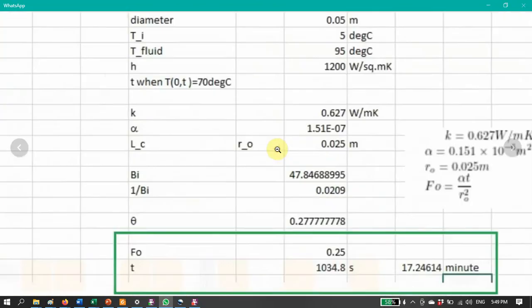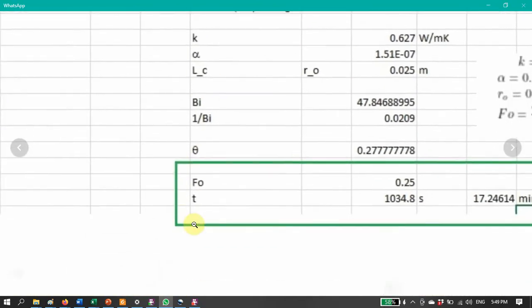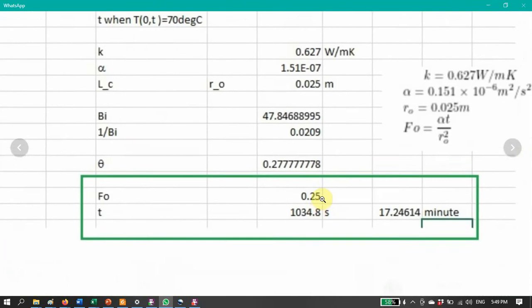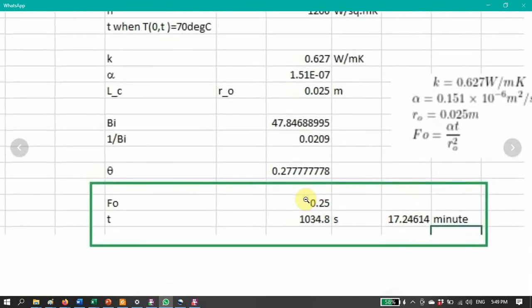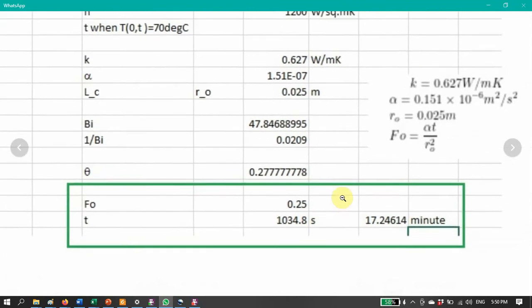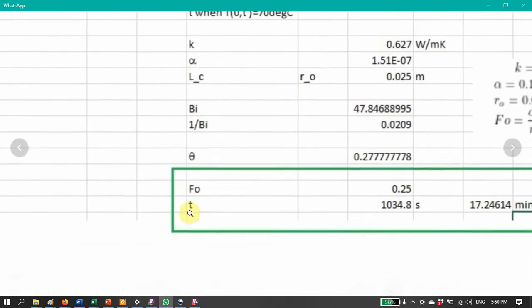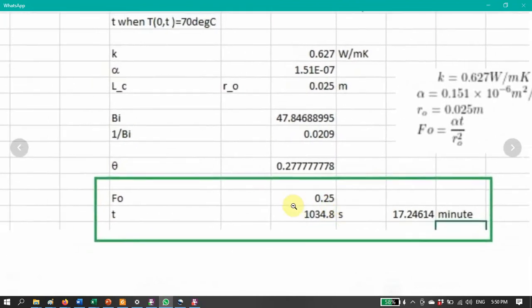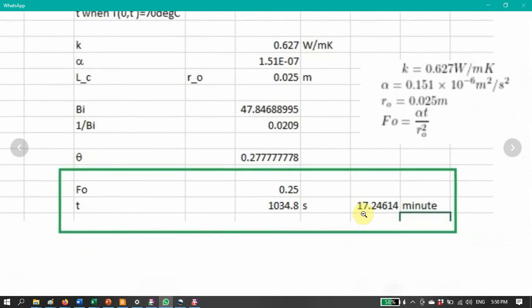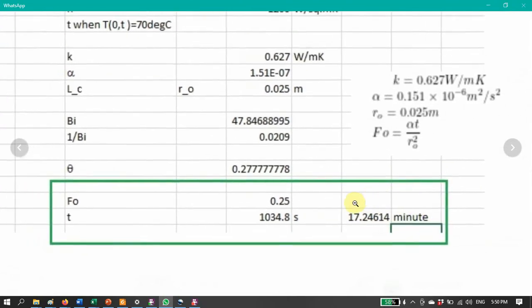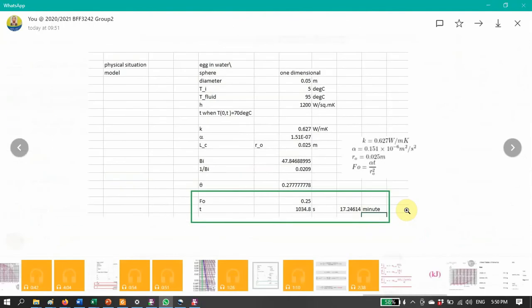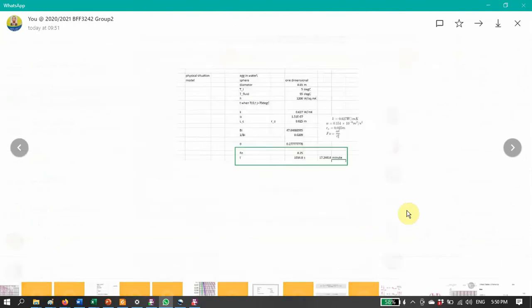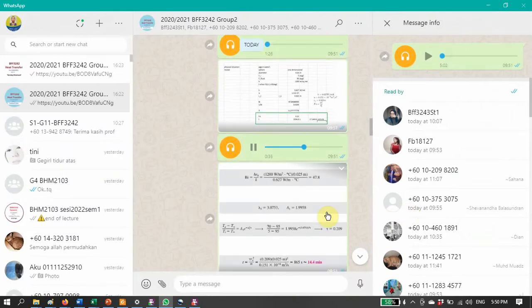Right, these are the calculated values. We have the Fourier number approximated at 0.25. The Fourier number doesn't have any units. The time is actually 1034.8 seconds, and if we want to convert it into minutes, it's about 17.24 minutes. It's better for us to make comparisons with the tabulated method that you can read.